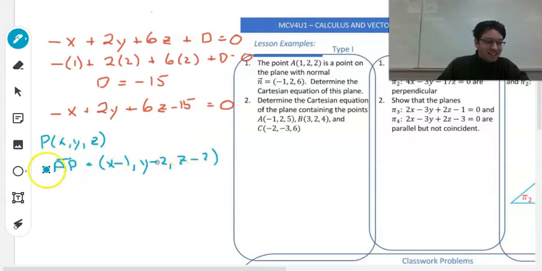And then, since this position vector is on the plane, it'll be perpendicular to the normal. So I can do the dot product with AP and the normal vector and set it equal to 0.